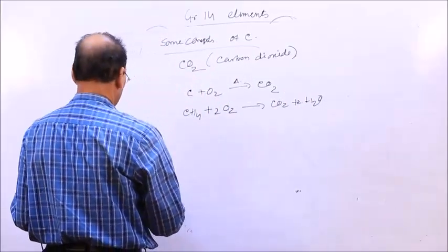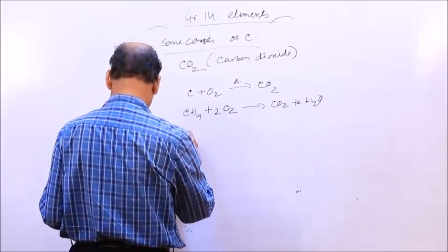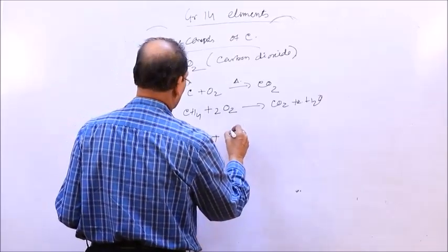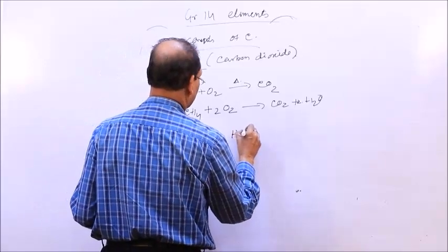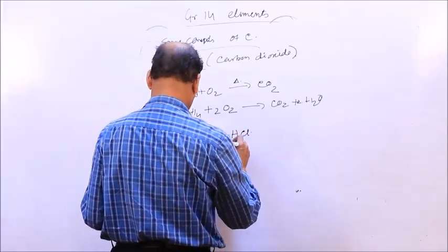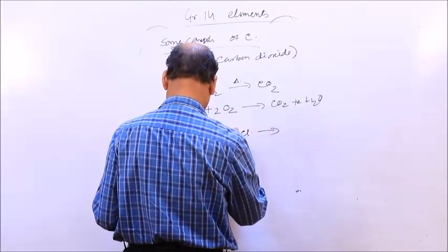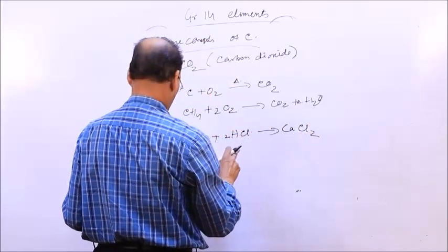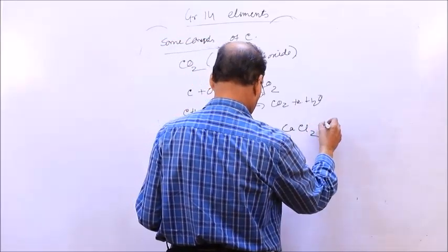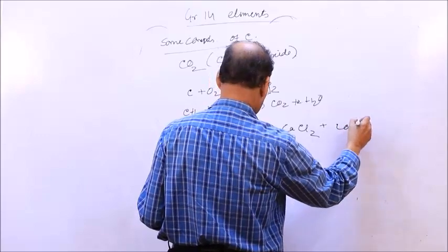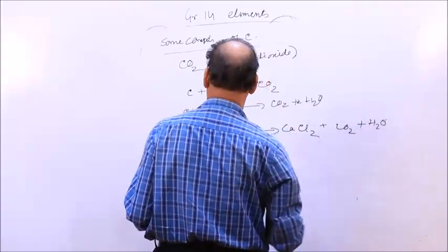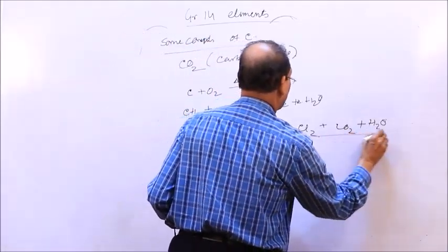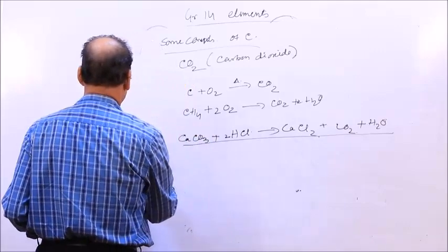In the laboratory it can be produced by calcium carbonate with mineral acids like HCl, giving calcium chloride, carbon dioxide and water. This is the convenient laboratory method.